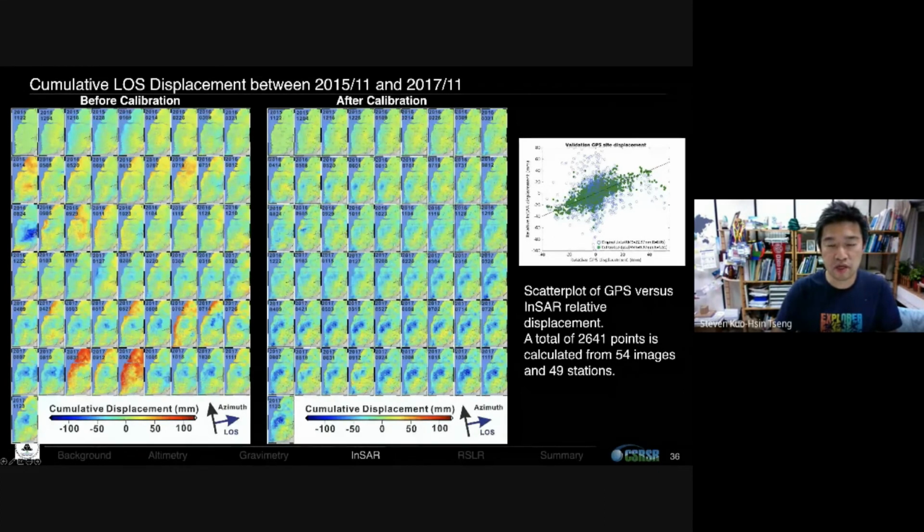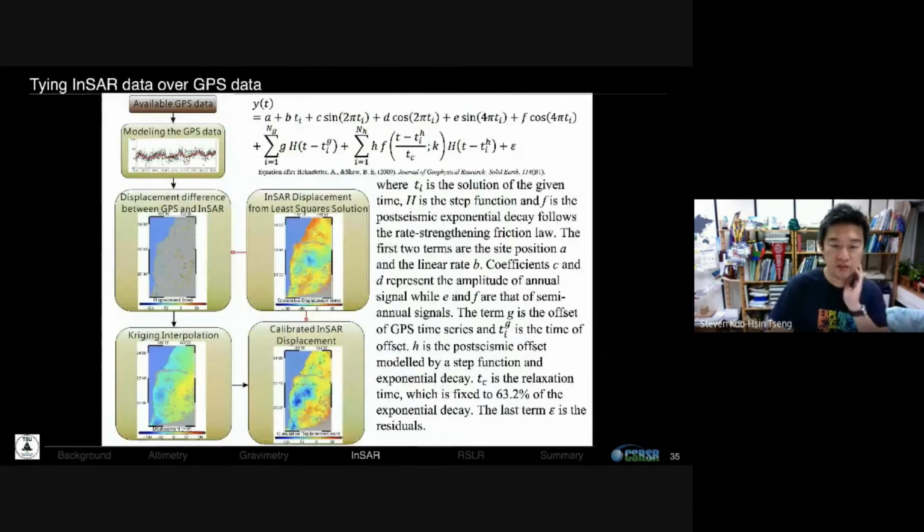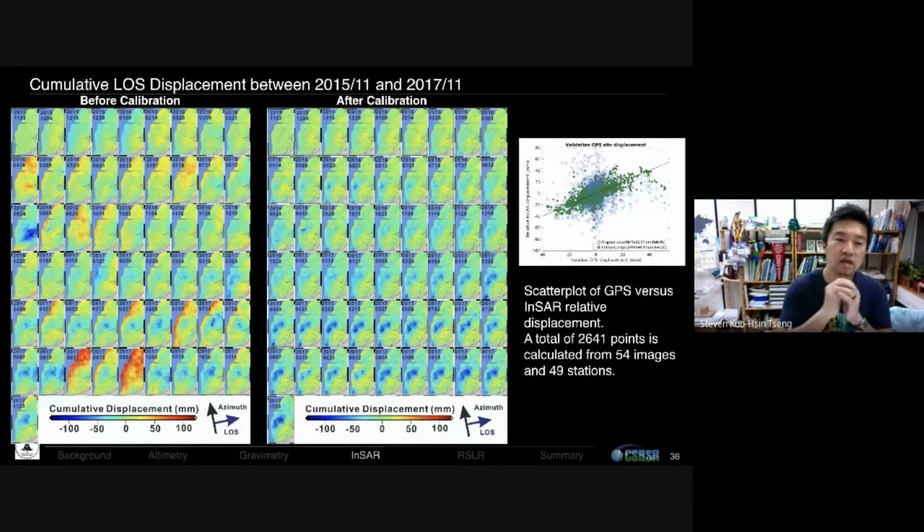The time series becomes very continuous and smooth, so we can see those agricultural zones have some patterns of subsidence that become bluer and bluer every year. And the signal becomes very strong. Especially after this GPS calibration, it gives us a good datum, because GPS is based on WGS 84.